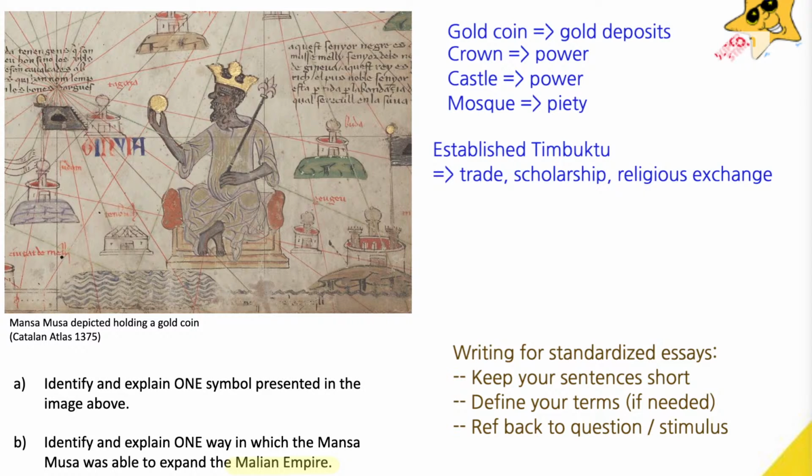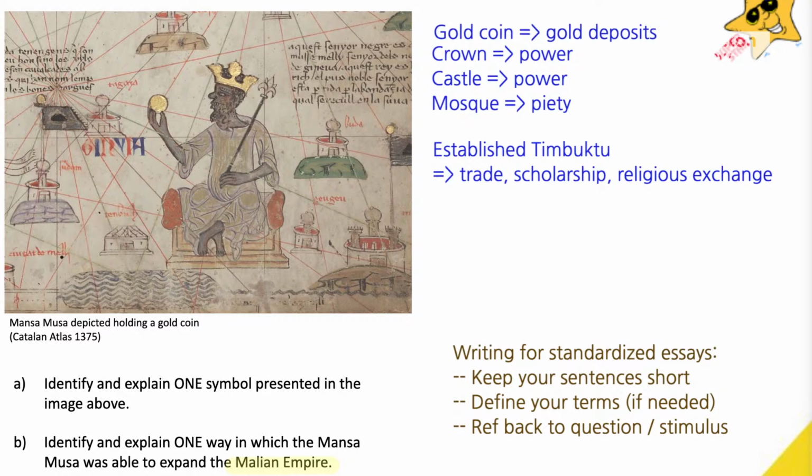And if you bring in salt, you are certainly showing that you know more about West Africa than what this picture dictates, and that would be a legitimate answer. So one is the establishment of Timbuktu. The other one is actually trade, founded on gold and salt, helped expansion of the empire, of course.